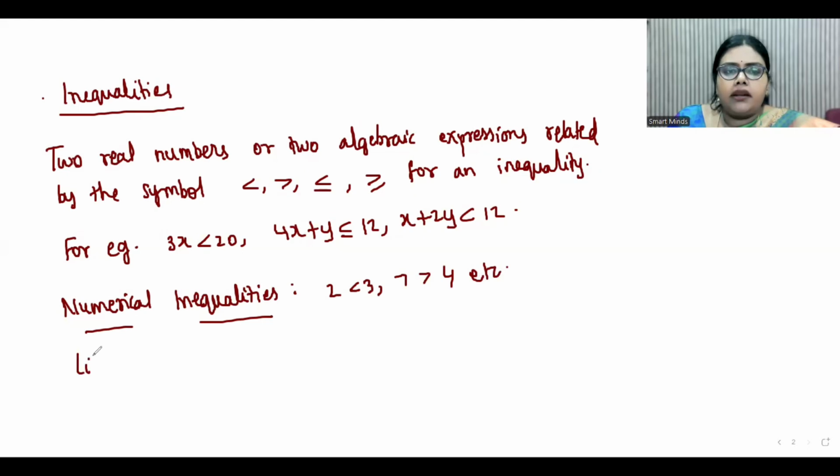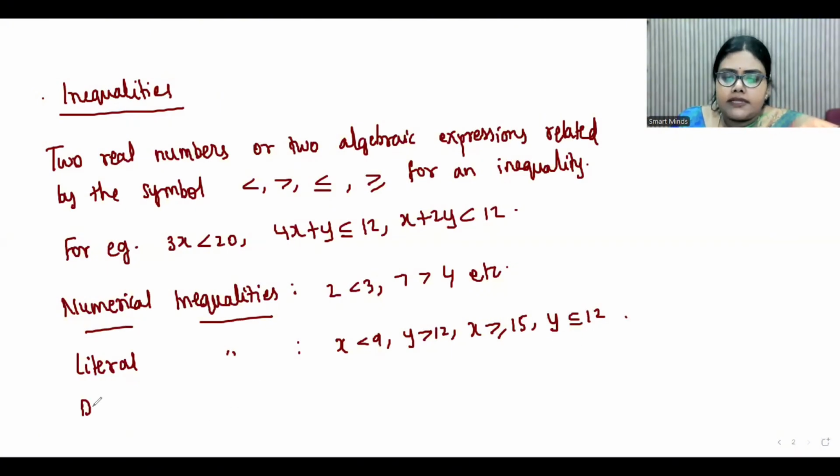Then we have literal inequalities. What do you mean by literal inequalities? When a constant is compared to a variable, like x is less than 9, y is greater than 12, x is greater than or equal to 15, y is less than or equal to 12. These are the examples of literal inequalities.